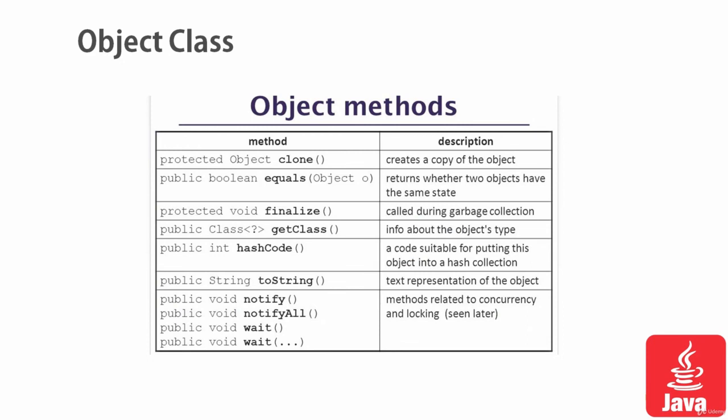We can perform various tasks for concurrency and locks, implementing locks and file handling. We can have notify, notifyAll, and wait. That is a function of the Thread class. We are going to learn it later. We can convert the text representation of the object to a string using the toString method.